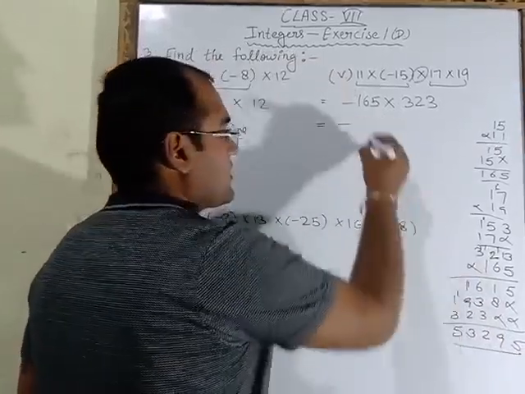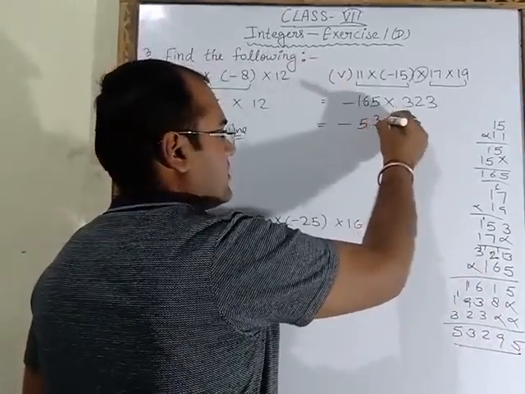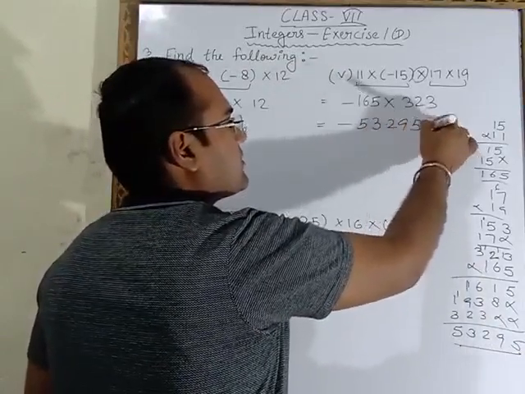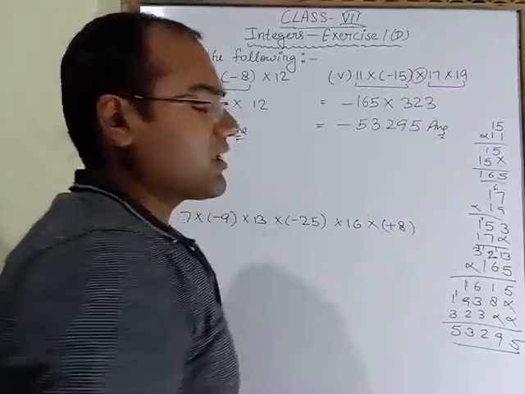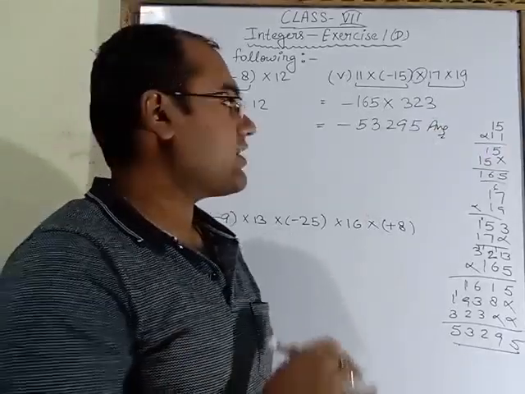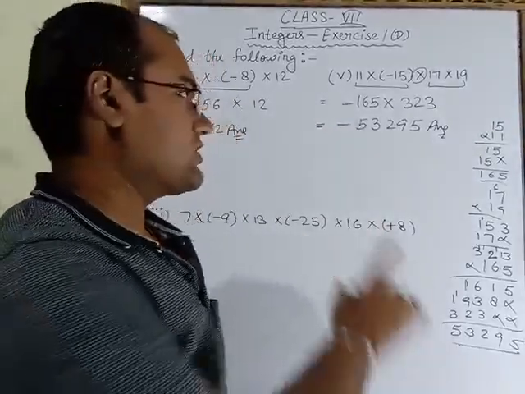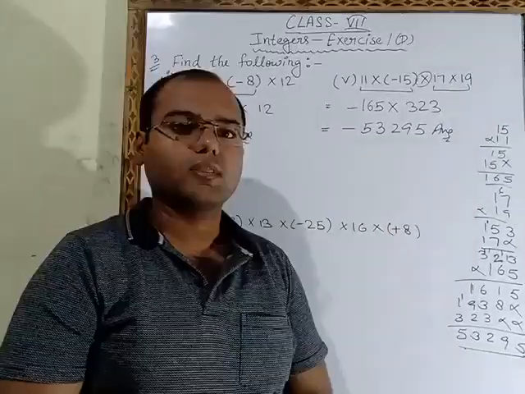So we got the answer. The answer is 53295. So what is the answer? 53,295, and the minus sign we have to put. So like this you have to do part number 5.